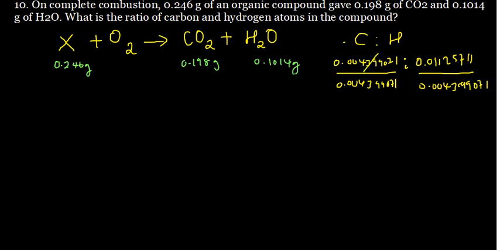Of course, if we divide something by itself, that is going to give us a 1. And then let's divide also the other side. That is going to be 0.011257111 divided by 0.004399071. That is going to give us 2.558974527.